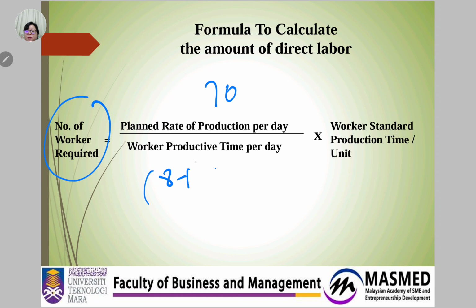So the productive time would be about 7 hours, times by worker standard production time per unit. How many cakes are they able to make in 1 hour, or maybe in 40 minutes they're able to make about how many cakes, and so on. So try to make sense of this calculation right here.